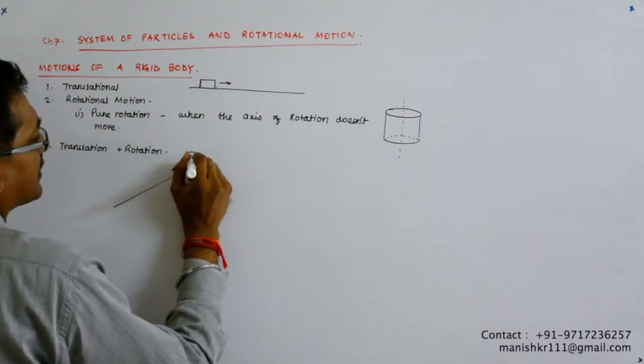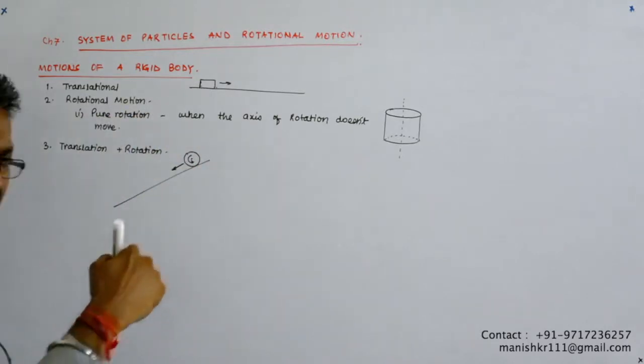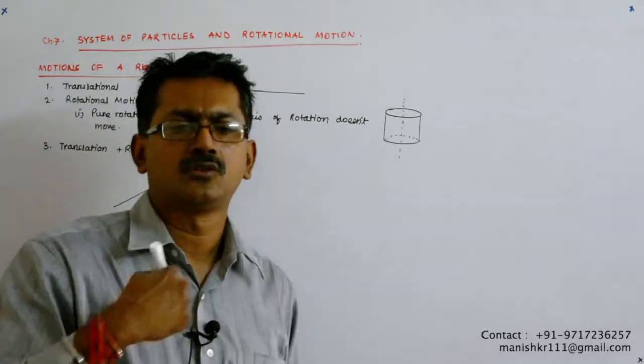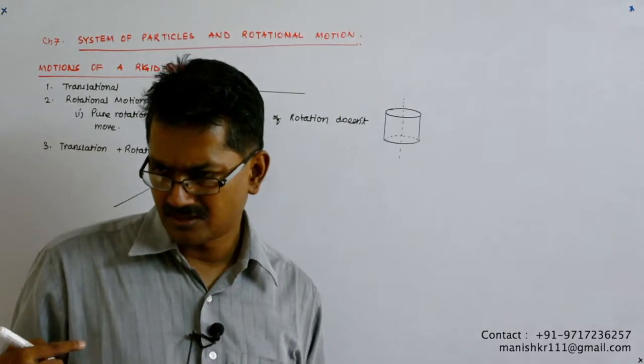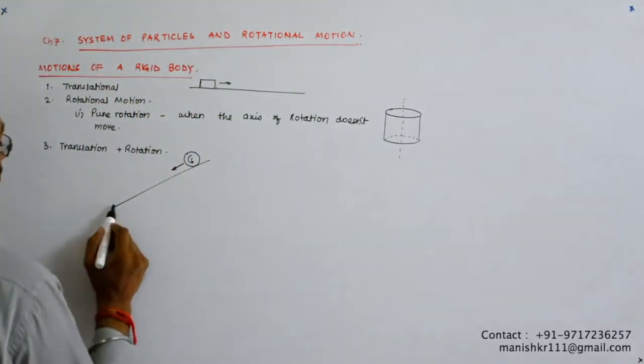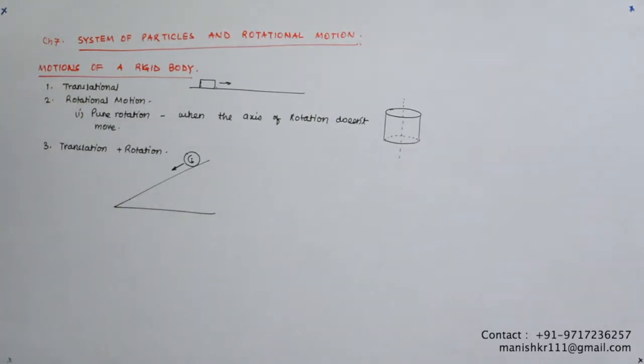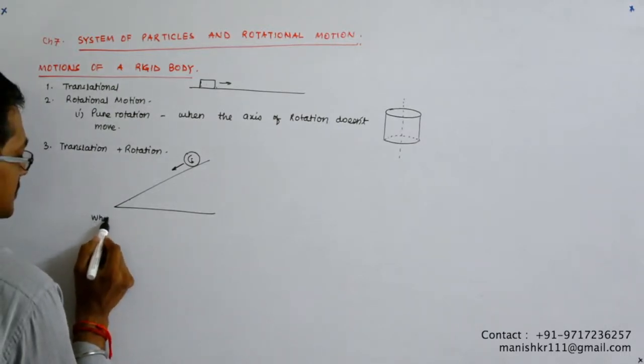And now what happens? What happens here about the axis of rotation? Say if it is moving like this, then the axis of rotation is also moving. Is it not? Now the moment the axis of rotation starts moving, the motion becomes translational as well as rotational.